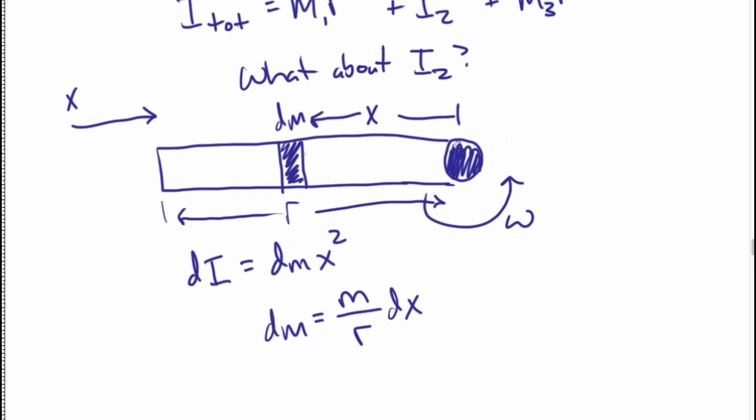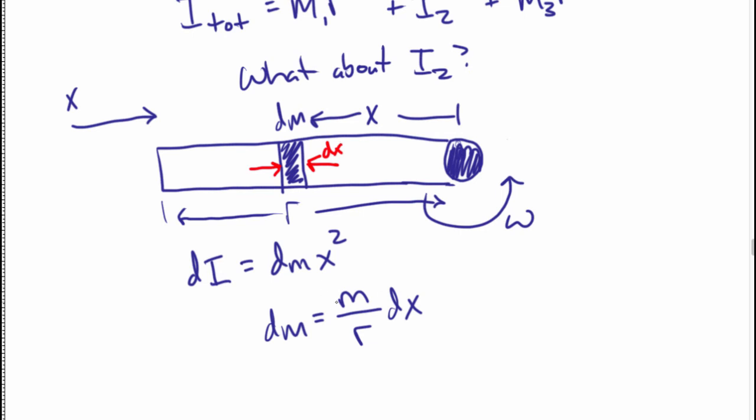In other words, this guy right here has the dimension dx. That's how wide it is. That's how thick it is. And if I want to find out how much that weighs, I have to take its thickness and multiply it by the mass density of the object. That's exactly what I've done here.